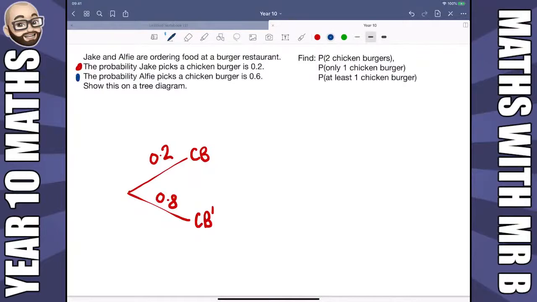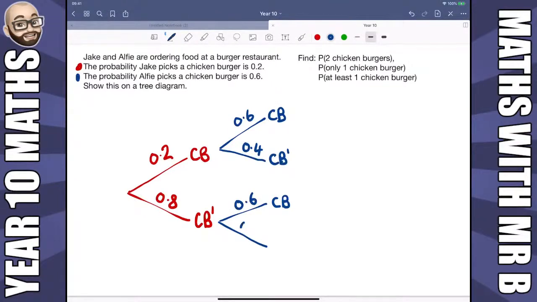So if Jake buys the chicken burger, Alfie could still get a chicken burger, or he might not get the chicken burger. His probability of getting the chicken burger is 0.6, so he's got a 0.4 chance of picking something else. That is exactly the same, even if Jake didn't go for it himself. So the probabilities here on the second section of the branches, they're not getting affected by whatever happens at the beginning.